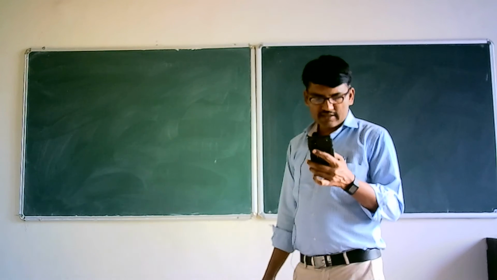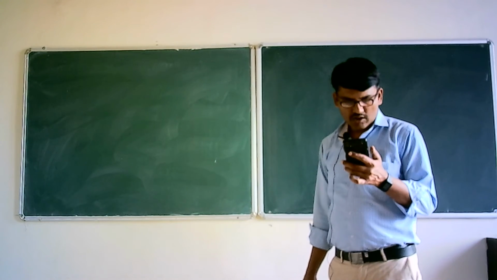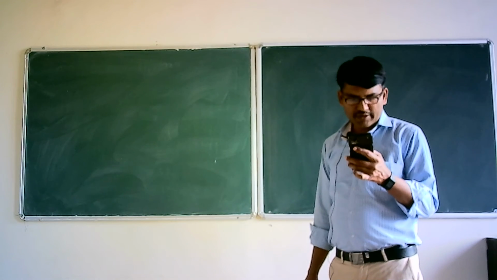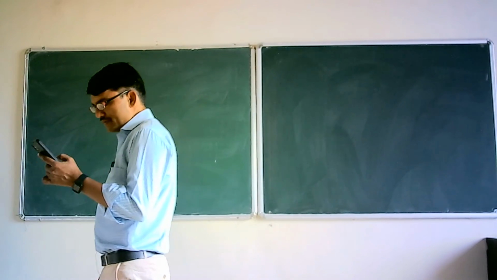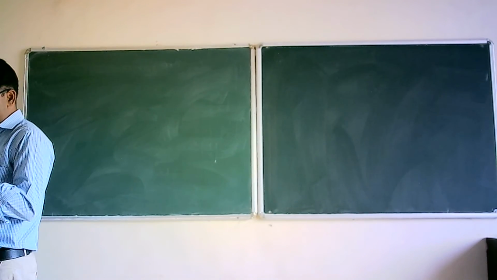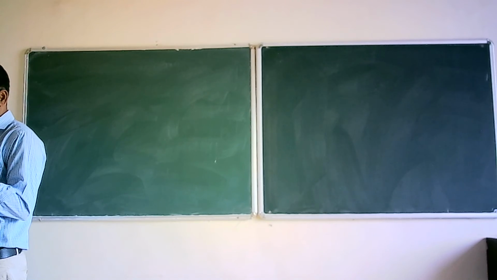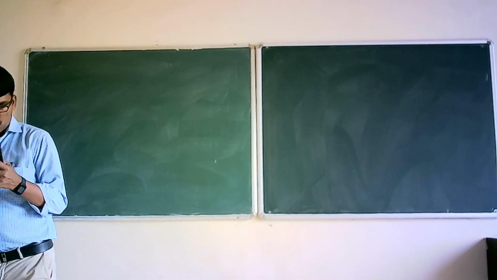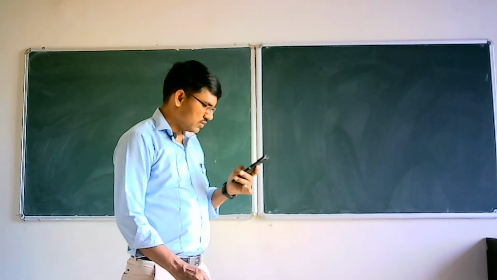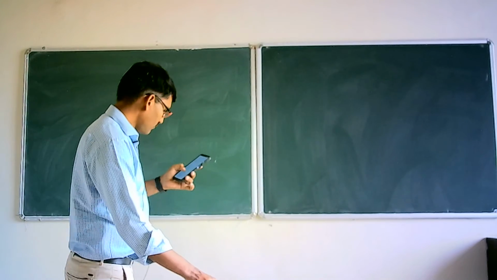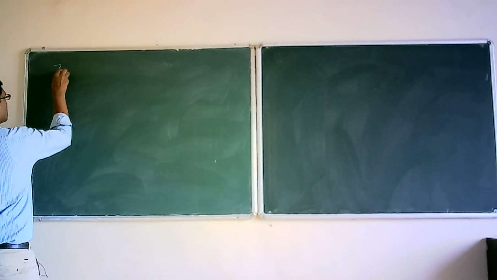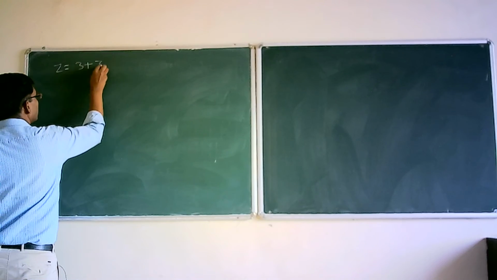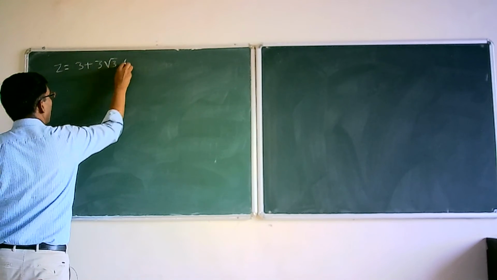Find modulus and argument of the complex number z = 3 + 3√3 i.